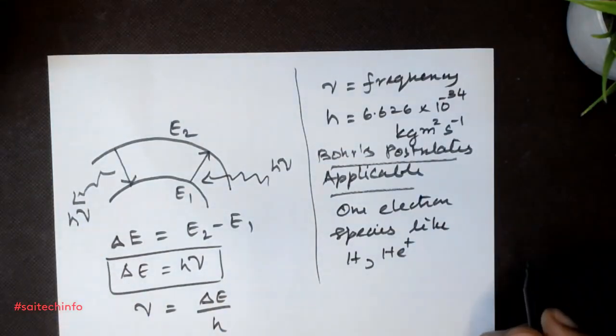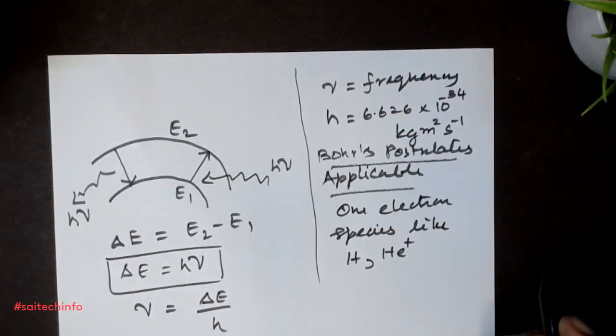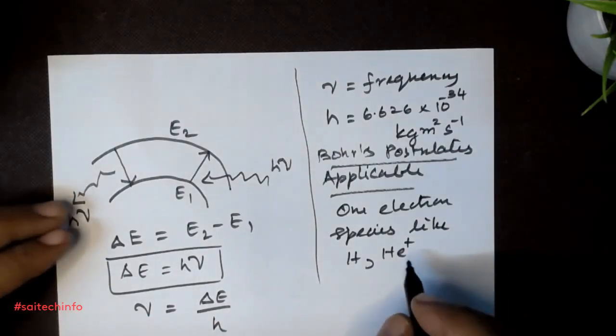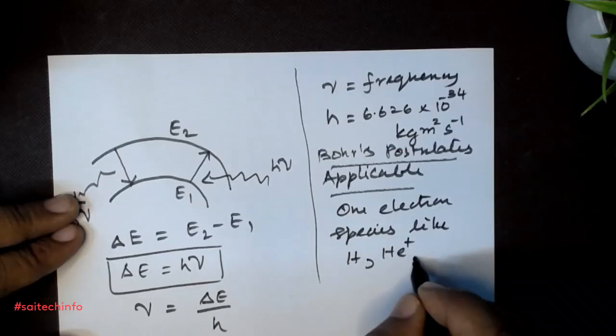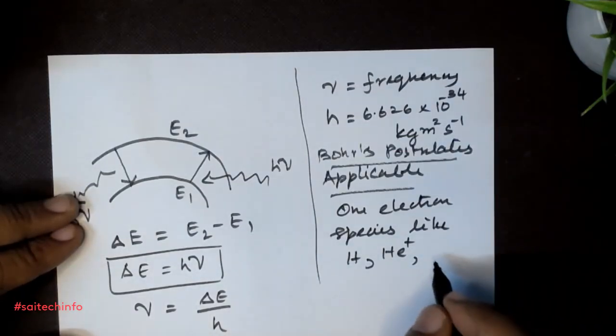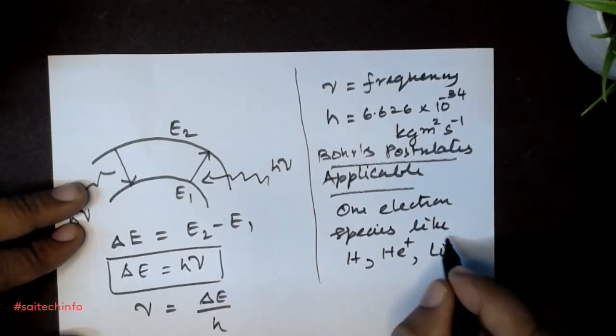Helium plus means helium has 2 electrons. When you remove 1 electron, it becomes helium plus. Similarly, lithium has 3 electrons. When we remove 2 electrons, it looks like hydrogen. So, lithium 2 plus.